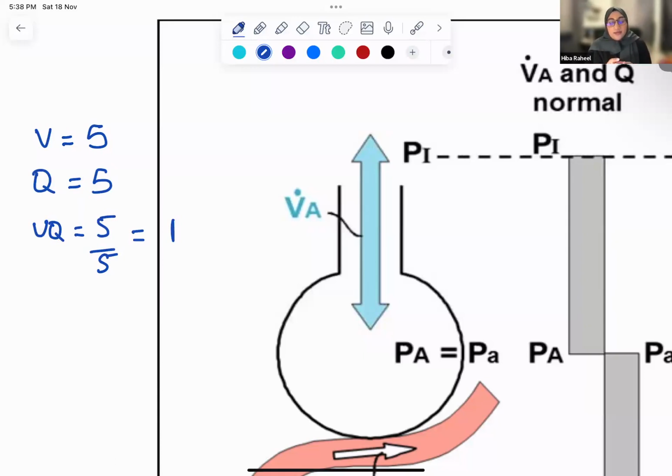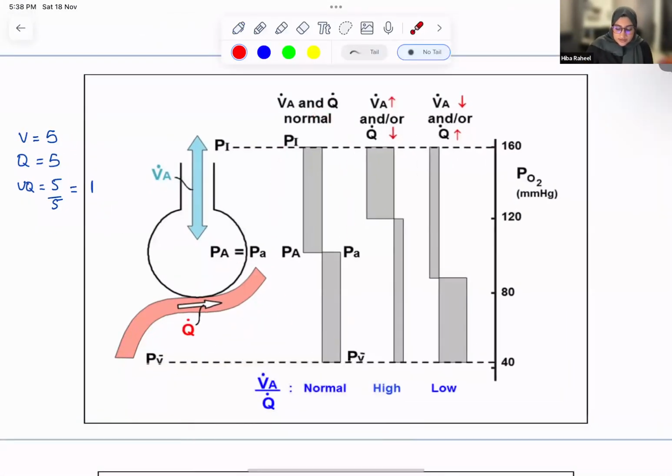Now let's say that there's a high VQ ratio. First we were looking at this: this is your ventilation area, and Q is your perfusion. Both of them match and meet, so VQ is equal to 1. Now let's say that the VQ ratio is high.